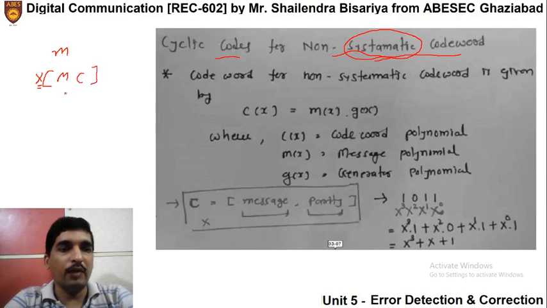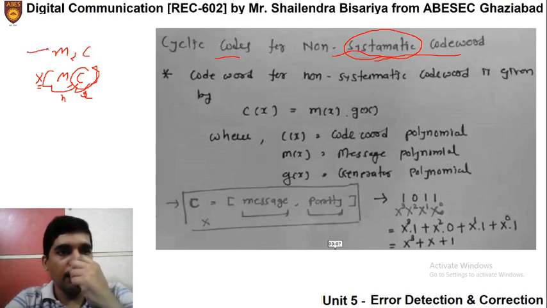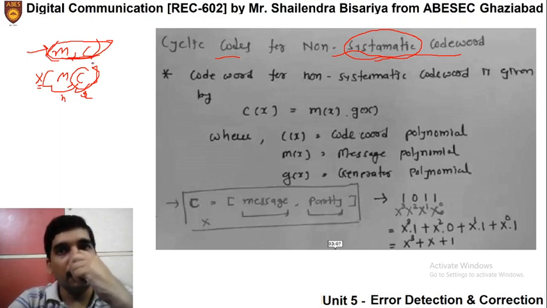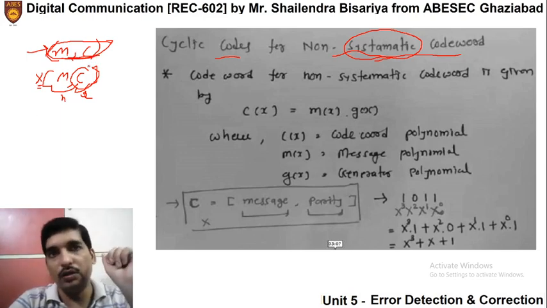If you remember the block code, the initial k bits are message bits and the rest n minus k, that means r bits, are your check bits. So if initial bits are message bits and later bits are check bits, it is a proper systematic code. But if these are jumbled, not in proper order, then we say that this is a non-systematic code.